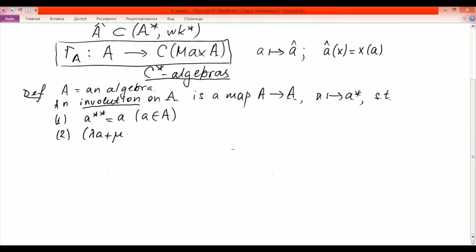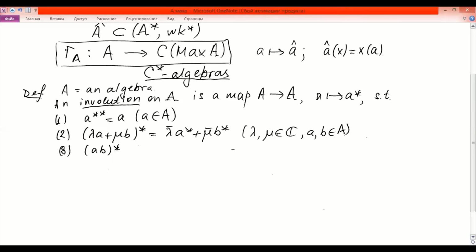So if we take a linear combination of two elements a and b, then the result will be as follows, where lambda bar and mu bar are just the complex conjugates of lambda and mu. So here lambda and mu are complex numbers, and a and b are elements of our algebra. And finally, our involution is a ring anti-homomorphism. That is, (ab) star equals b star a star.